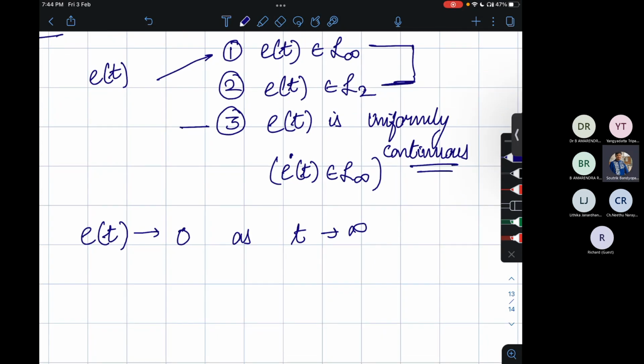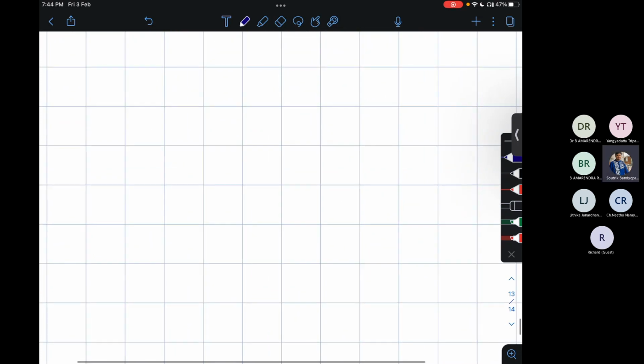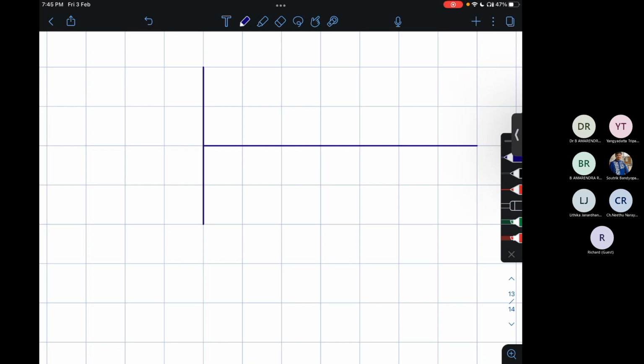Why the necessity of this third condition? Suppose there was this function e(t) which had some discontinuities or breaks in the function.